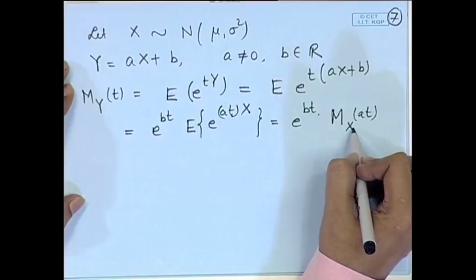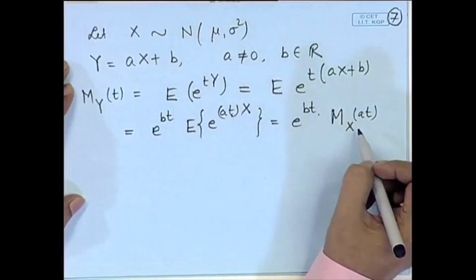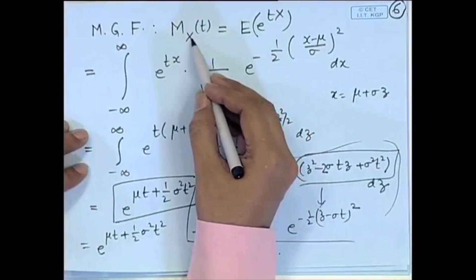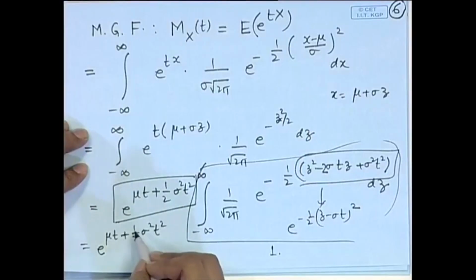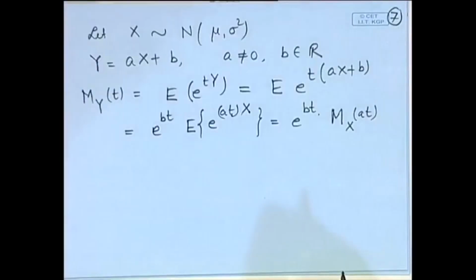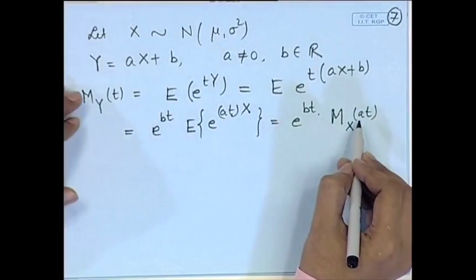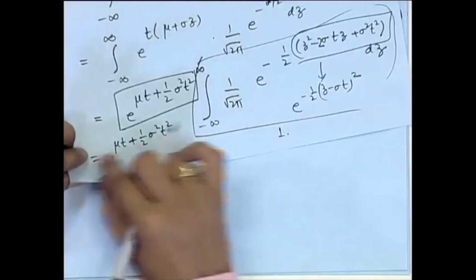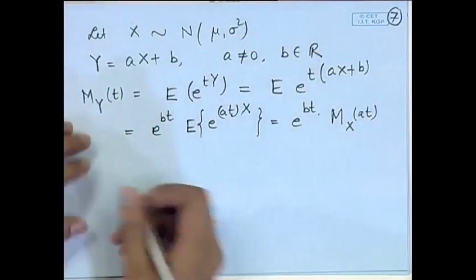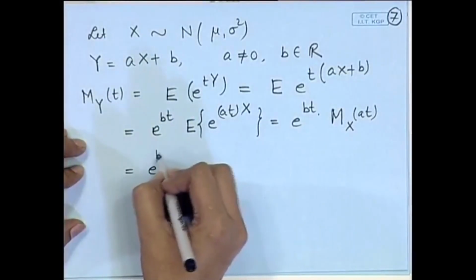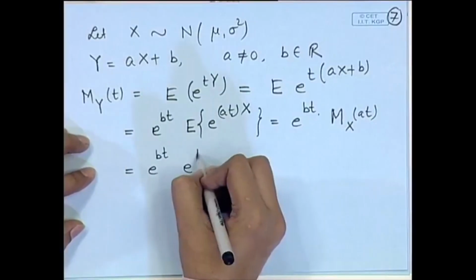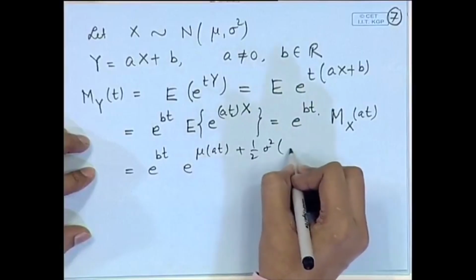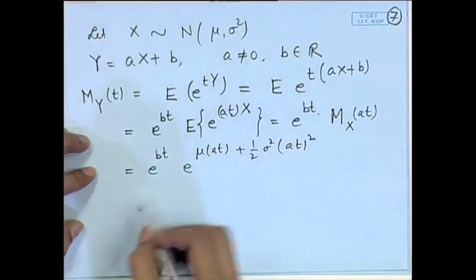Now, the distribution of x is normal and moment generating function of x, that is m x t, is given by e to the power mu t plus half sigma square t square. So, we can substitute a t in place of t in the expression of m x t. So, we will get here e to the power b t e to the power mu a t plus half sigma square a t whole square.